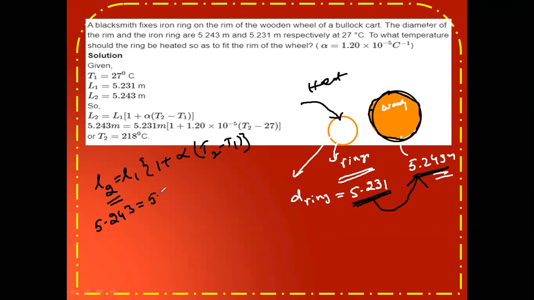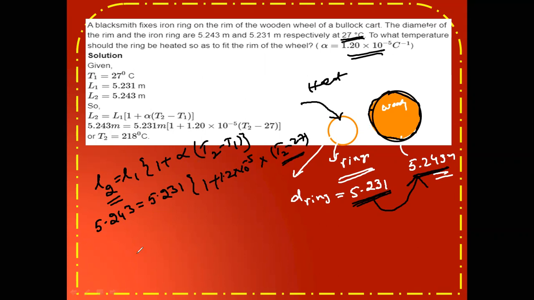L1 is 5.231. The alpha value they gave is 1.2 into 10 power minus 5, multiplied with the rise in temperature, final value minus initial value. The remaining part is simple calculation.